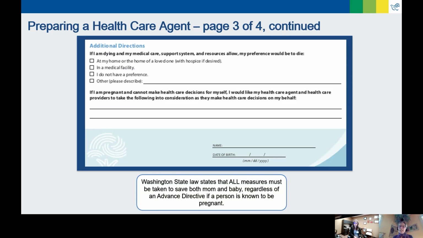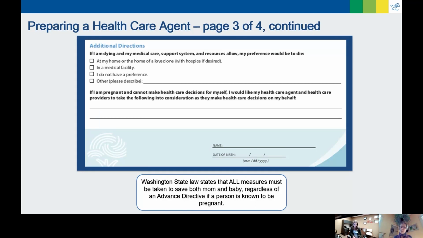But that doesn't mean that you can't write what your preferences would be for the kind of care you would or would not get, or how the care would be guided around you. So if pregnancy does not pertain to you or has never pertained to you, you can cross this section out.